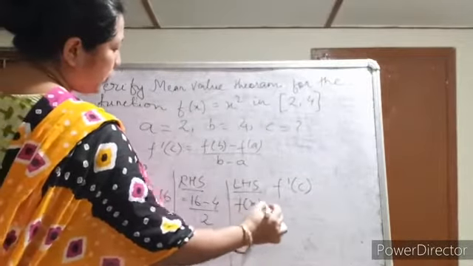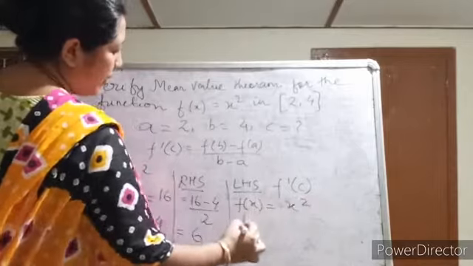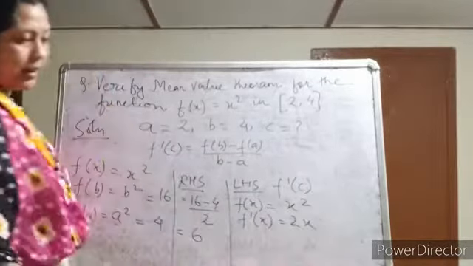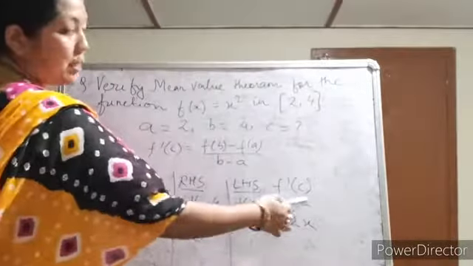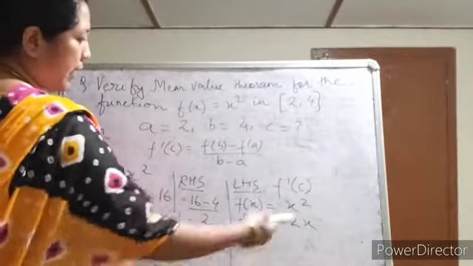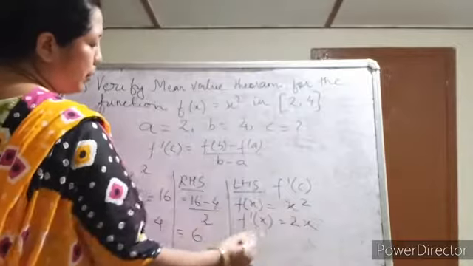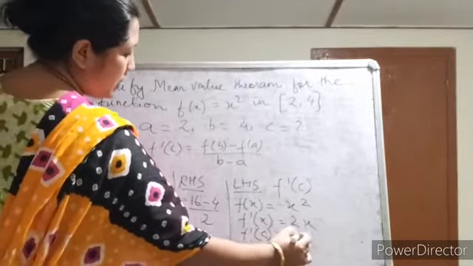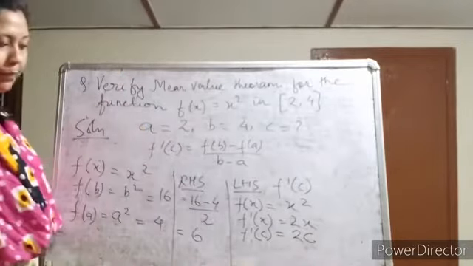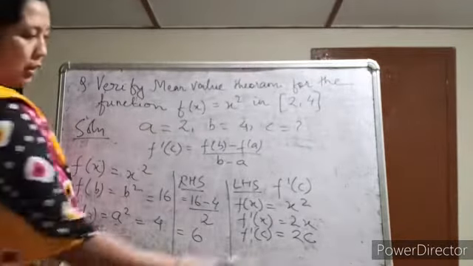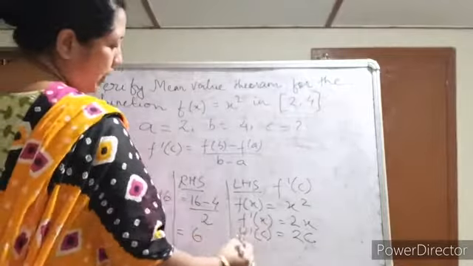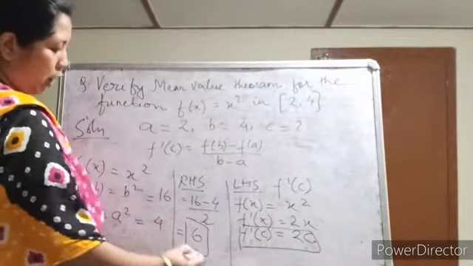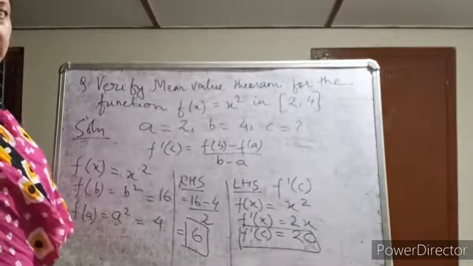As we all know, f of x is given as x square, so f dash x will be twice x, following the formula for x to the power n: the power 2 comes down in front and the power is reduced by 1. So f dash c comes to be twice c. All of you understood? f dash c comes to be twice c. And what is our right hand side value? We are getting our right hand side value as 6.